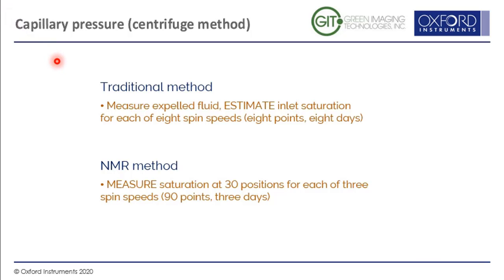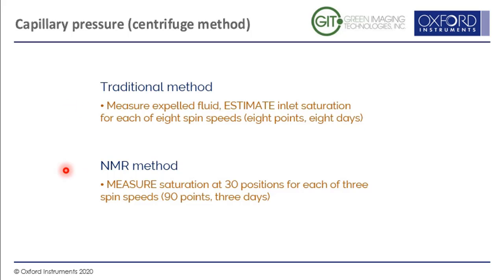So to summarize, the traditional method for capillary pressure measurement by centrifuge measures the expelled fluid and then estimates the inlet saturation for each of about 8 spin speeds. This gives us 8 points collected over a period of about 8 days.